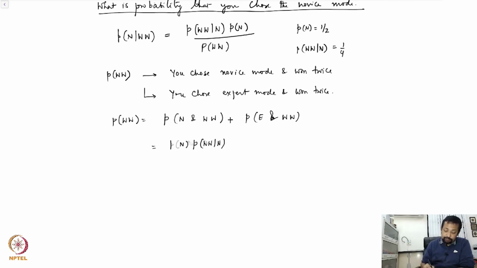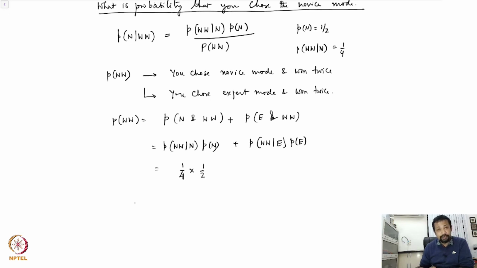Okay, so let us write down the same thing in a different way so that it is much easier. So probability of winning given novice mode times probability of novice mode, plus probability of winning given expert mode times probability of expert mode. This we have already calculated to be 1/4, and this is half, correct?